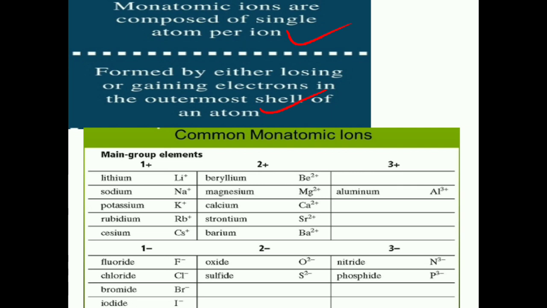For example, if we take the lithium atom, it loses one electron and forms the lithium ion. So they form positively charged ions or cations. Similarly, fluorine, chlorine, bromine can gain one electron. They form anions. But these all are made of a single atom. So they are all monoatomic ions.